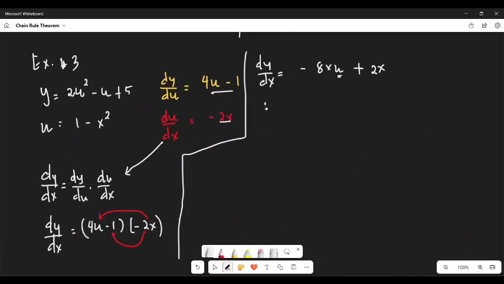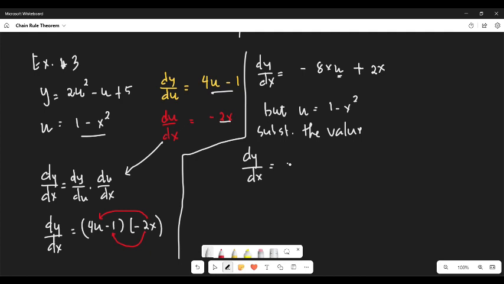But u is equal to 1 minus x squared, so we substitute the value of u in this equation. So dy/dx now is equal to negative 8x times (1 minus x squared) plus 2x. We simplify by multiplying negative 8x by 1, which gives us minus 8x, and then plus 8x cubed plus 2x.